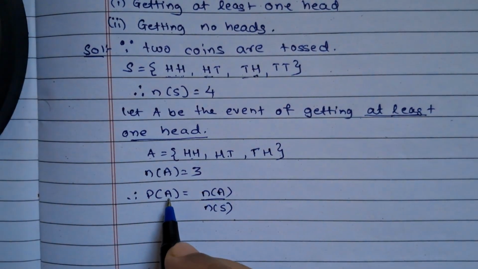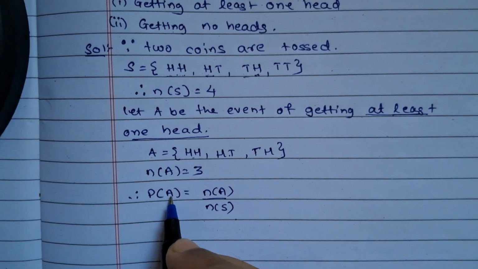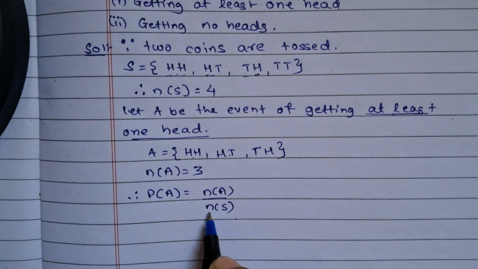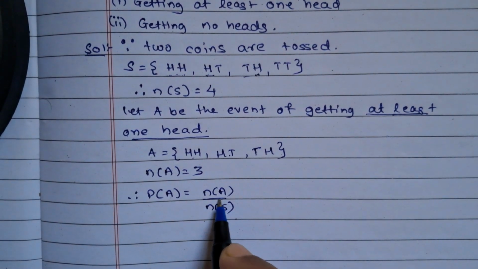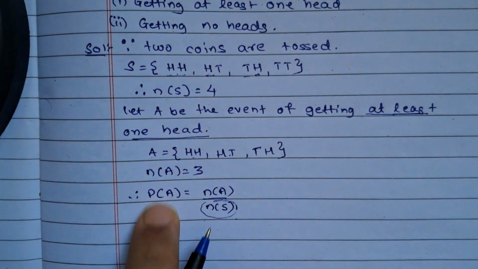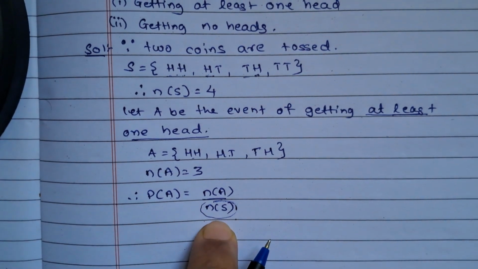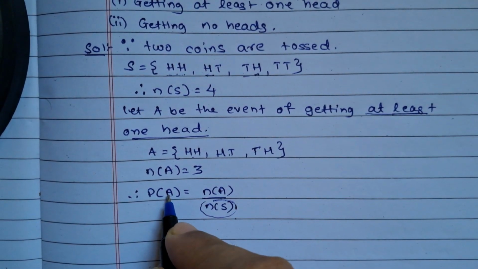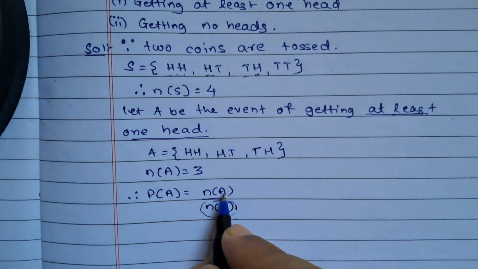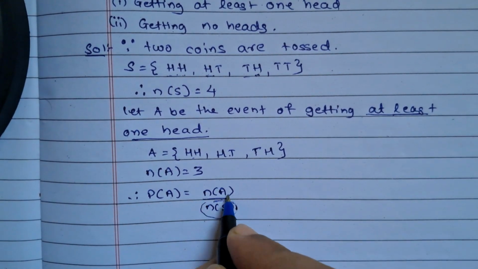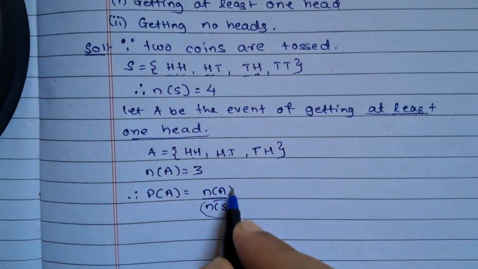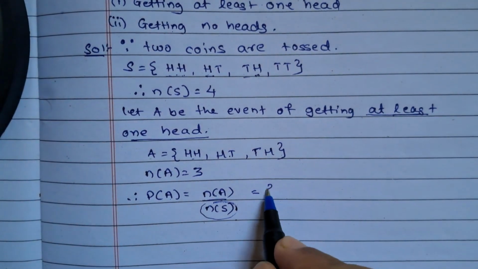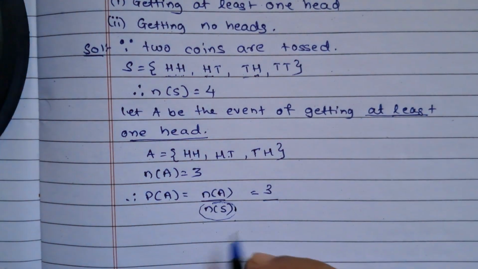So in simple terms, probability of any event you want to find, what you have to do is write n of that event in the numerator and n of S in the denominator. This will always remain n of S. The numerator will be n of whatever event you are planning to find the probability of, like n of A or n of B. So in our case it is 3 and n of S is 4.